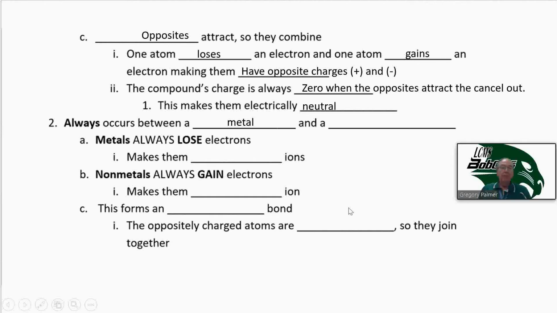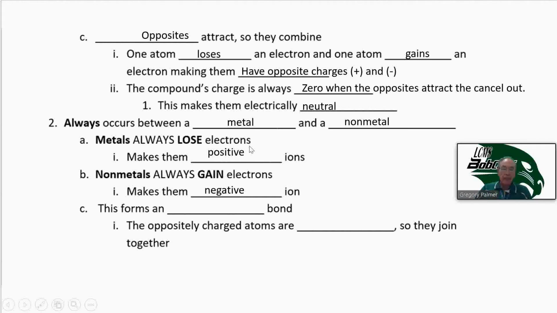Ionic bonding always happens between a metal and a nonmetal. Metals always lose electrons, making them positive ions. Nonmetals always gain electrons, making them negative ions. Remember, the electrons are negative, and this is kind of backwards, so this sometimes really confuses kids. You think losing is bad, so it should be negative.